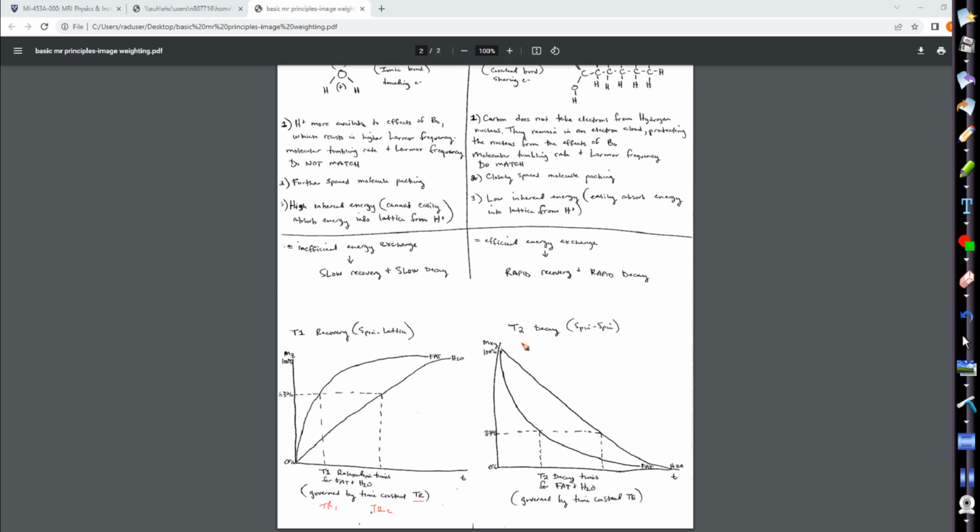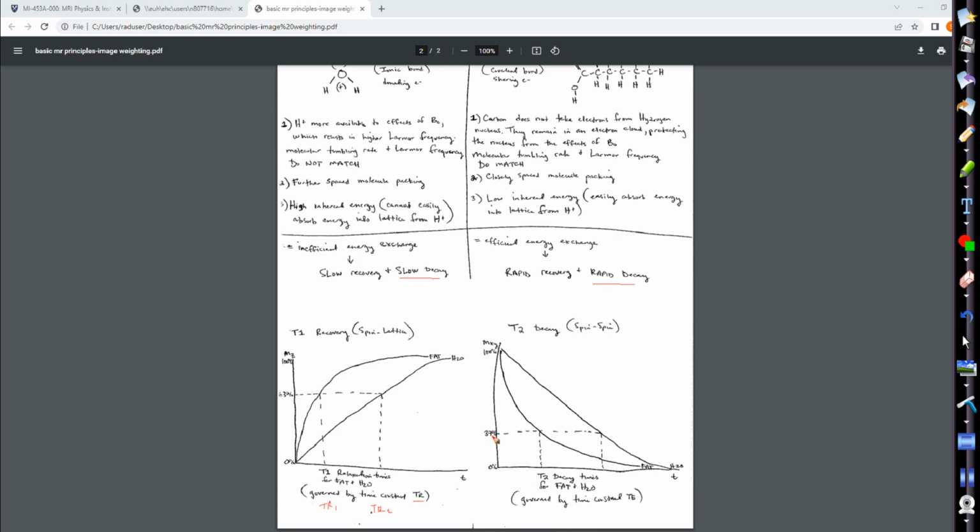And we could do the same for our T2 decay curve. So water, once again, has a slow decay. So we can see that curve here, slowly decaying. But then fat has a rapid decay. So it loses signal very quickly.